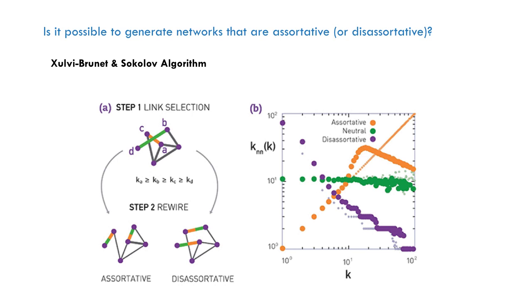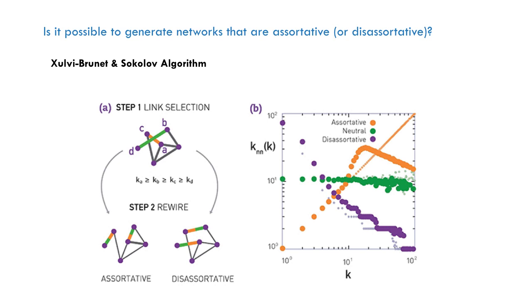We will order the nodes so that the degree of node A is greater than or equal to the degree of node B, the degree of node C is greater than or equal to the degree of node D, and the degree of node D is greater than or equal to the degree of node C. So we're just ordering them according to their degree values.